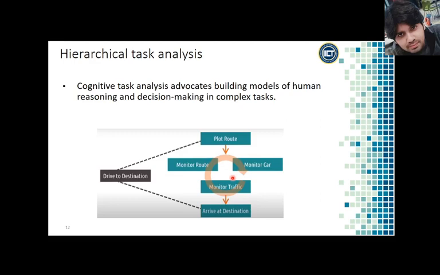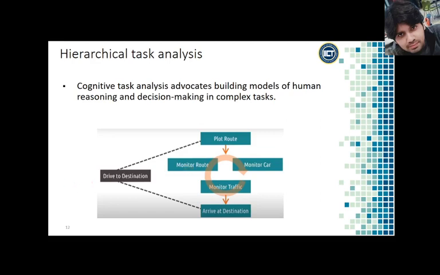Each part can be broken down into various subtasks, like iteratively checking all the cars around you, or periodically checking how long it is until the next turn needs to be made. What's more, these smaller tasks could then be used in different contexts. For instance, route monitoring, which is here, isn't only useful when driving a car.